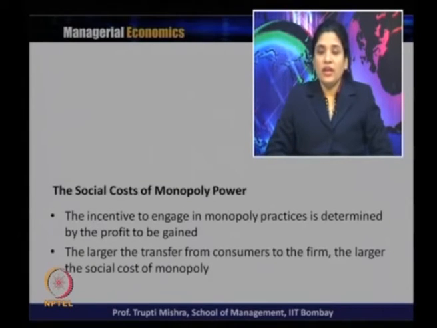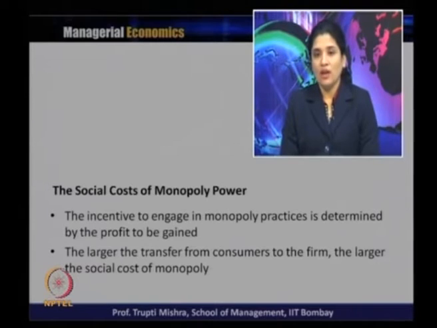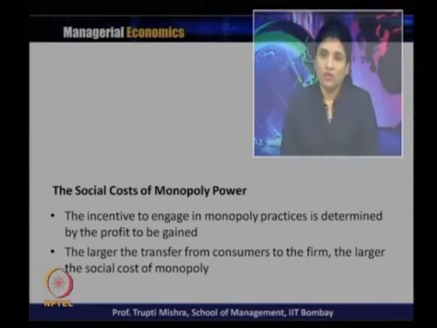The incentive to engage in monopoly practices is determined by the profit to be gained. So, the more the profit, the more the incentive to engage in monopoly practices, but the larger the transfer from consumer to the firm, the larger the social cost of monopoly. So, it is two dimensional. One, the more the profit, the more the firm gets into activities and practices to become a monopolist, the so-called monopolization, through which they try to get market power.